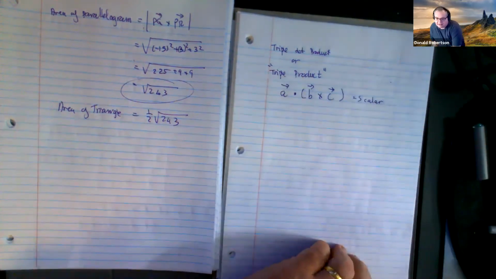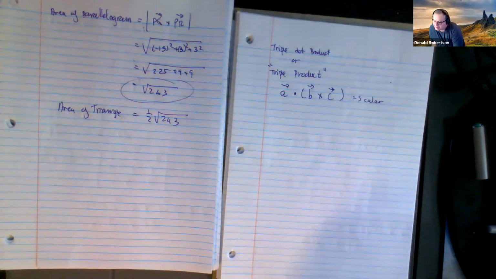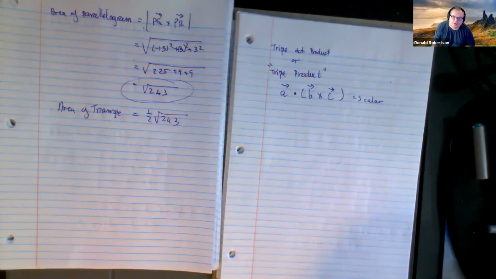Now, what on earth does that number represent geometrically? Remember, the magnitude of the cross product ended up being areas of parallelograms and triangles, right? That was quite interesting. It would be quite interesting if this had a meaning as well, wouldn't it? But you probably wouldn't guess what it gives you.